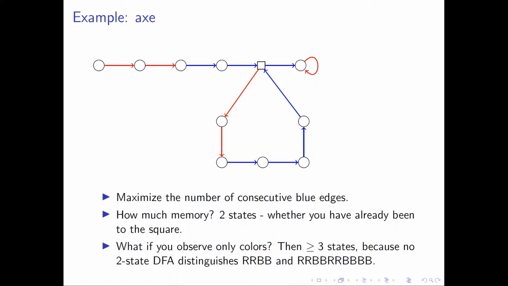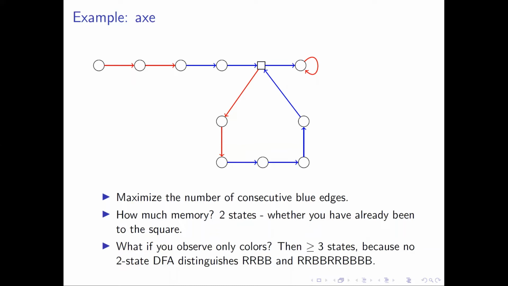Okay, but we can also go to the cycle from the square node, and if we just then stay forever on this cycle, then we will have maximum 4 consecutive blue edges, right? Because after any quadruple of blue edges, we will have 2 red edges.